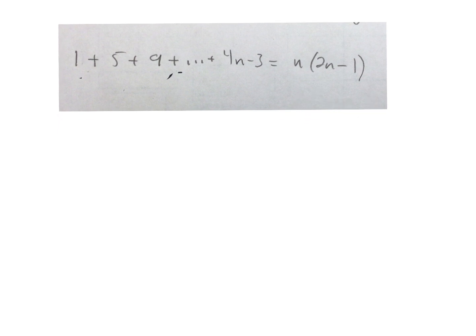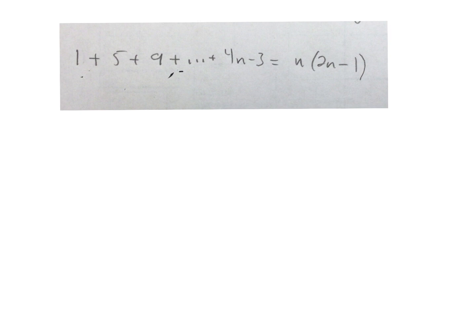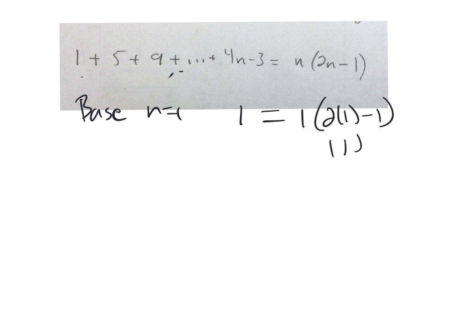The first thing we want to do is show that it works for the base case, and the base case is n equals 1. Since we know the first sum is 1, 2 times 1 minus 1 is going to be 1 times 1, which is 1. So check, it works for the base case.